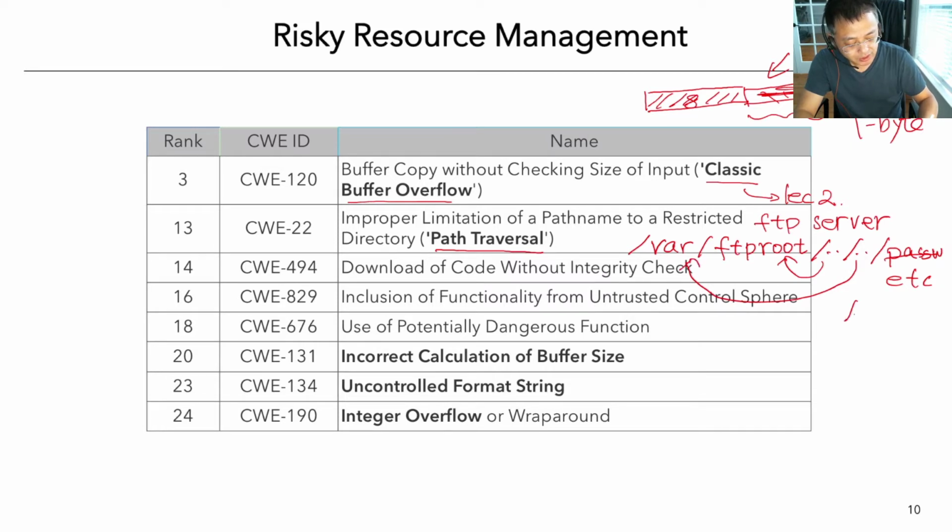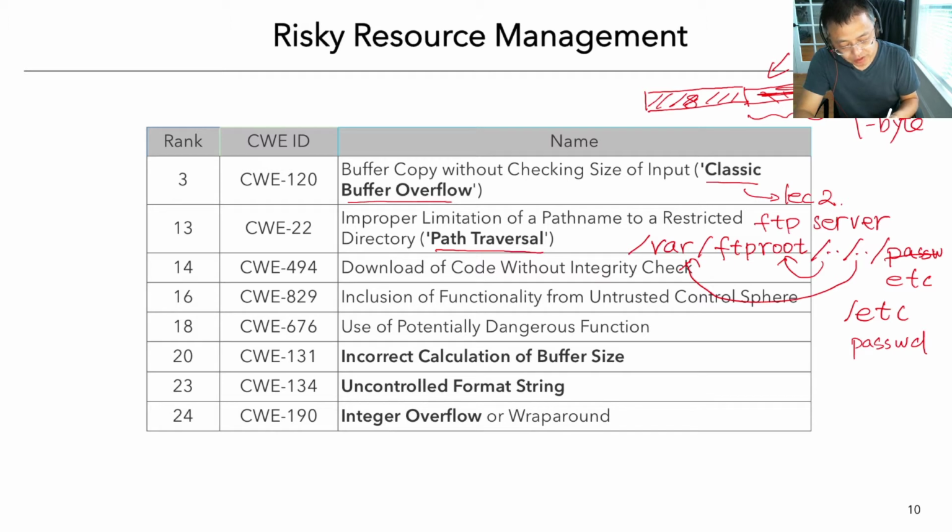Now you are at the root level, and then etc. So the etc directory in Linux or Unix usually contains all the configuration files, including, say, the password database, right?